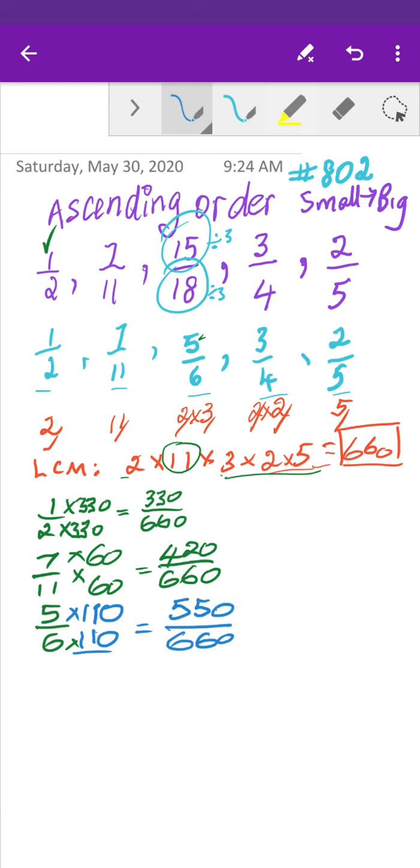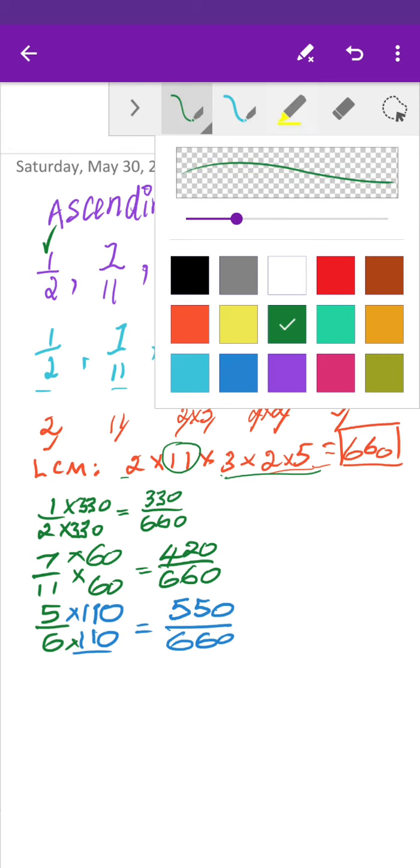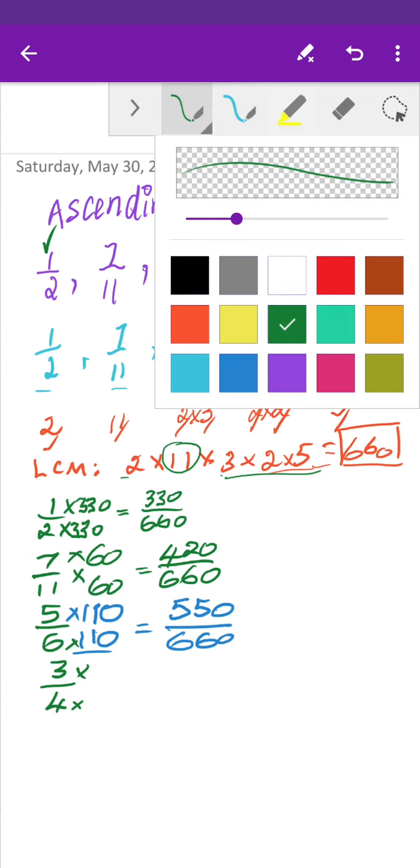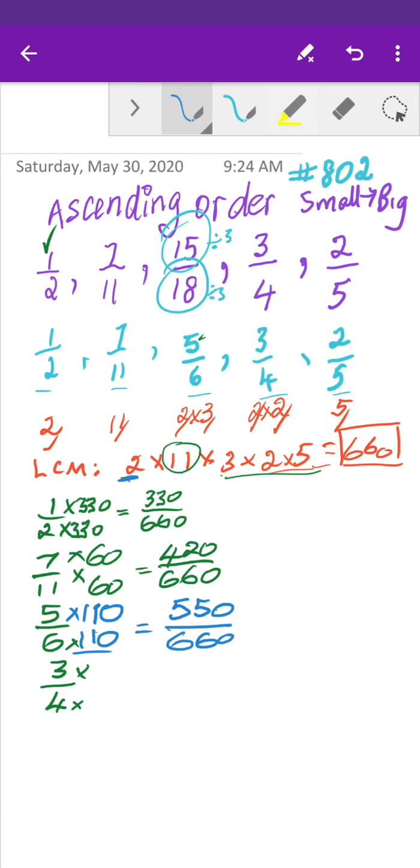The next fraction is 3 quarters. Now what do I multiply 4 by to get 660? Let's get the blue marker here. Now 4, we've got 2 twos are 4. So 4 times 165 gives 660.